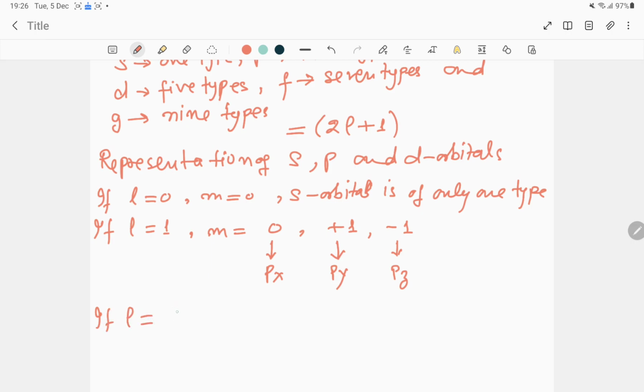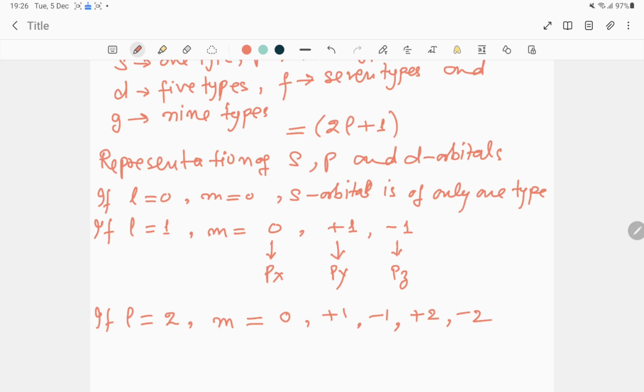If l is equal to 2, then the values of m are of 5 types. That is 0, plus 1, minus 1, plus 2, and minus 2.